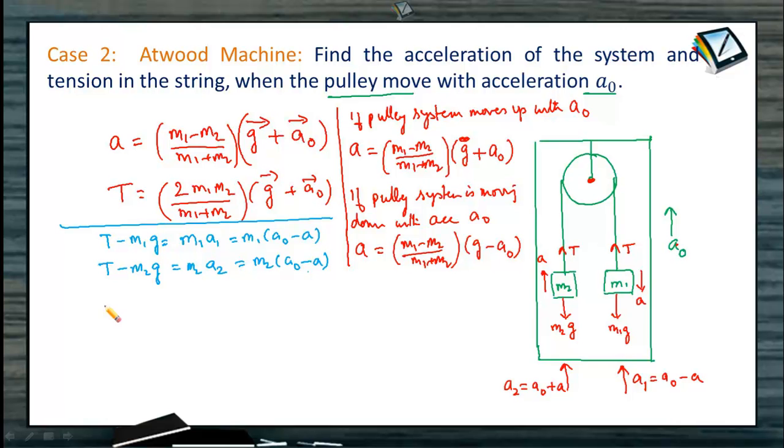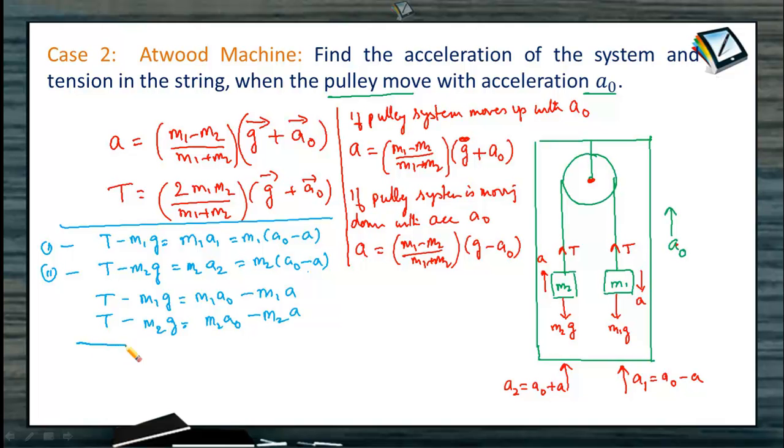Let us expand. We will take the first as equation 1 and this as equation 2. From the first equation, we get T minus M1G is equal to M1 A0 minus M1 A. Second equation, T minus M2G is equal to M2 A0 plus M2 A.